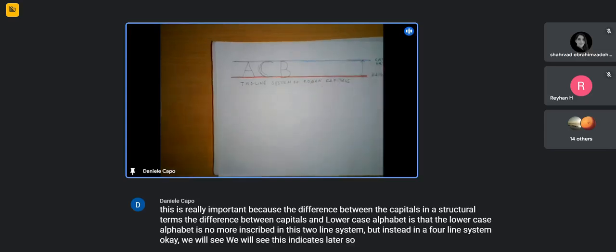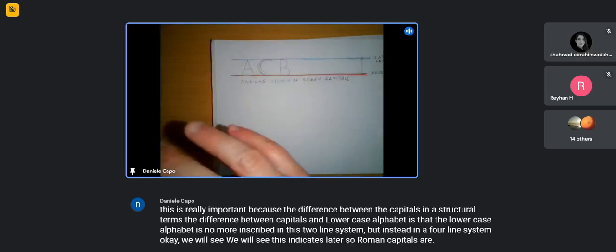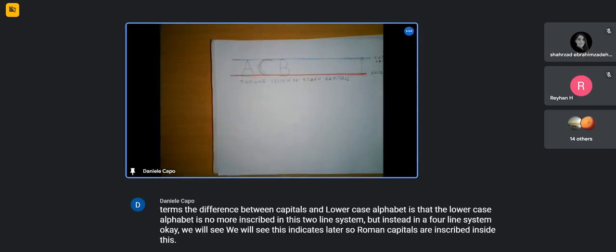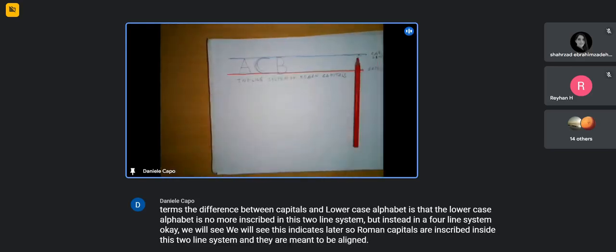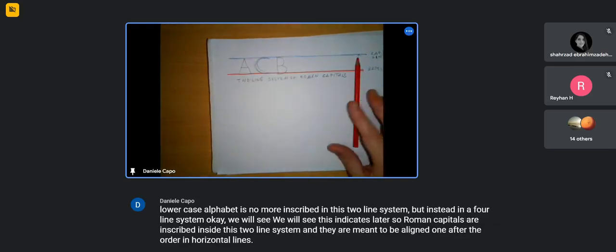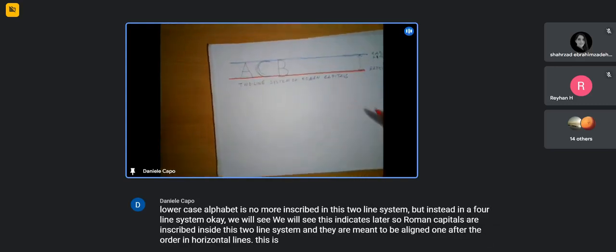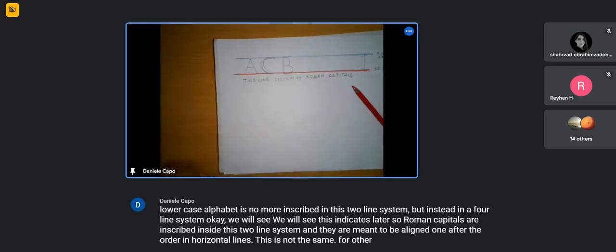So Roman capitals are inscribed inside this two-line system, and they are meant to be aligned one after the other in horizontal lines. This is not the same for other writing systems.